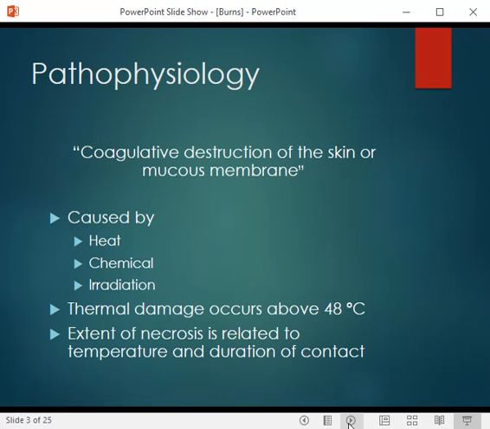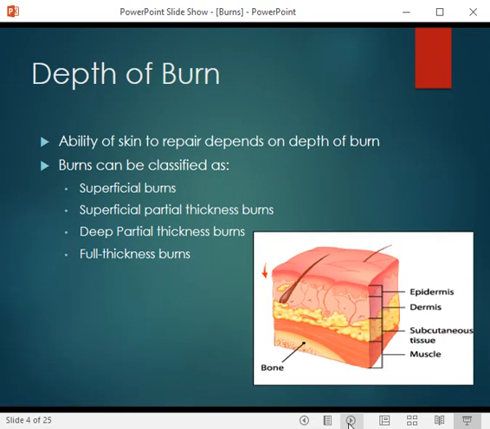Any temperature more than 48 degrees centigrade will usually lead to thermal damage, but the extent of that damage will be determined by the duration of the contact with that extreme temperature and how high that temperature was. Similarly, sub-zero temperatures will also lead to burns, and they may be discussed separately.